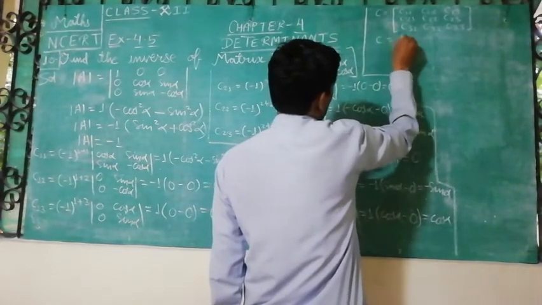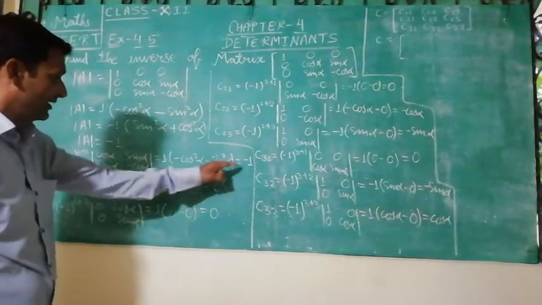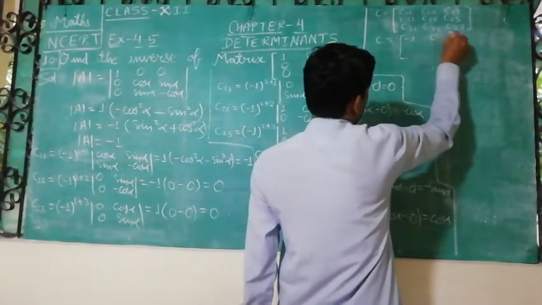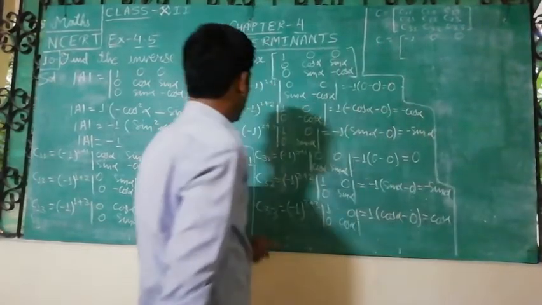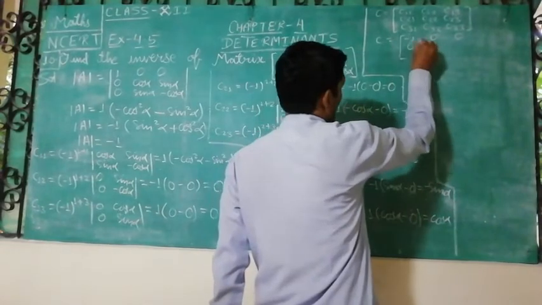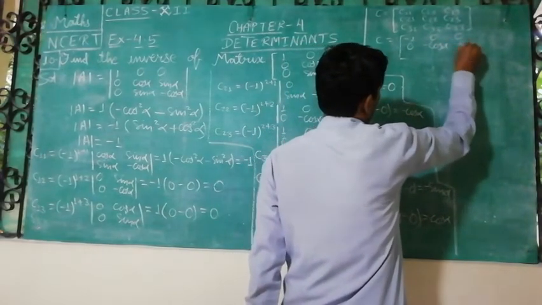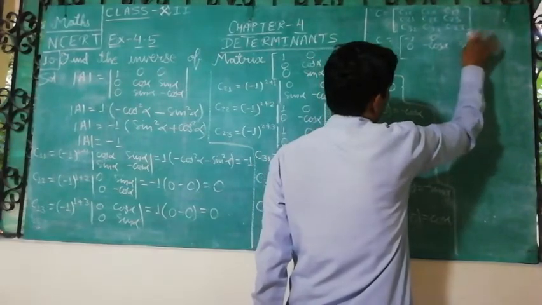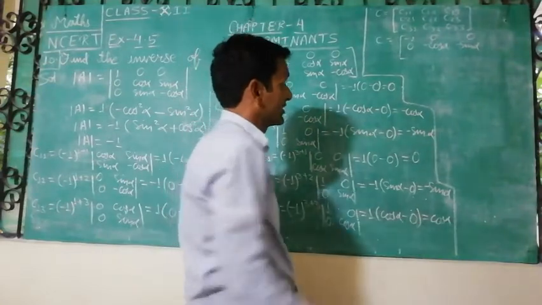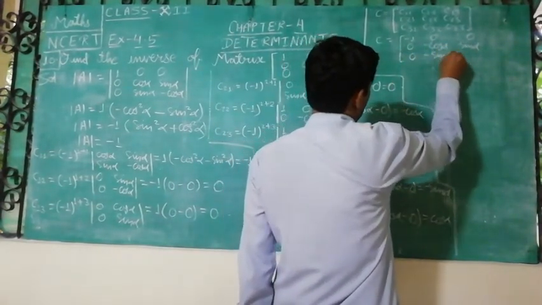So C is equal to what? Let us write the elements. It will be minus 1 0 0, and then what? 0 minus cos alpha minus sin alpha. And lastly, 0 minus sin alpha cos alpha.